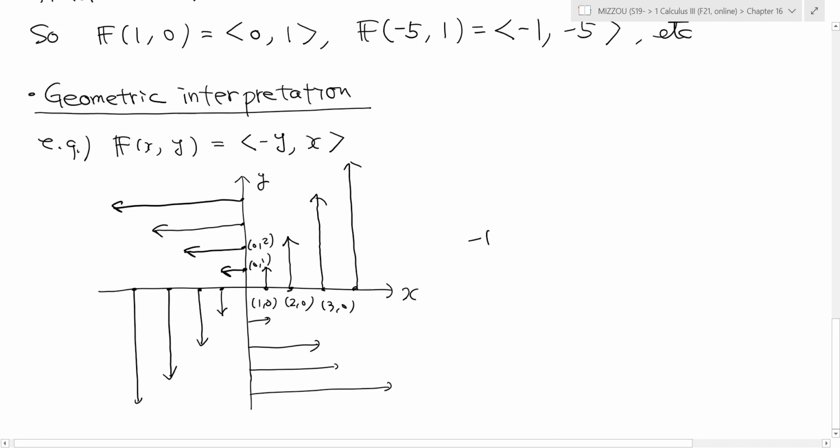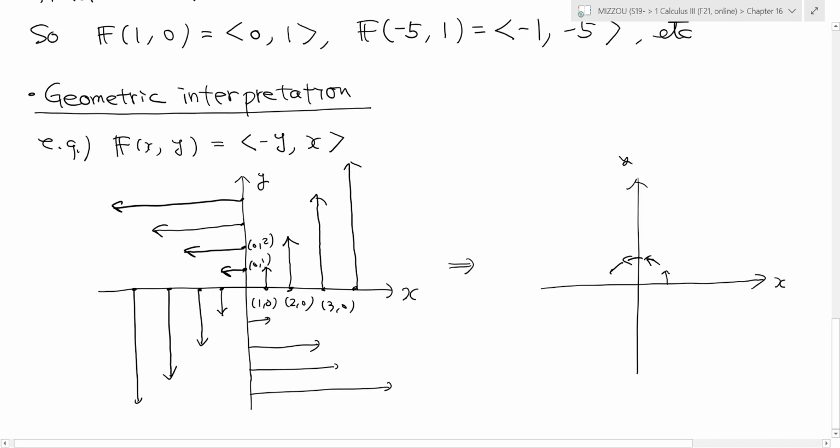And in fact, if you plot the output vector at each point, if you plot a bunch of vectors, for each point we have the corresponding vector, and if you plot all those, what you see is like this.